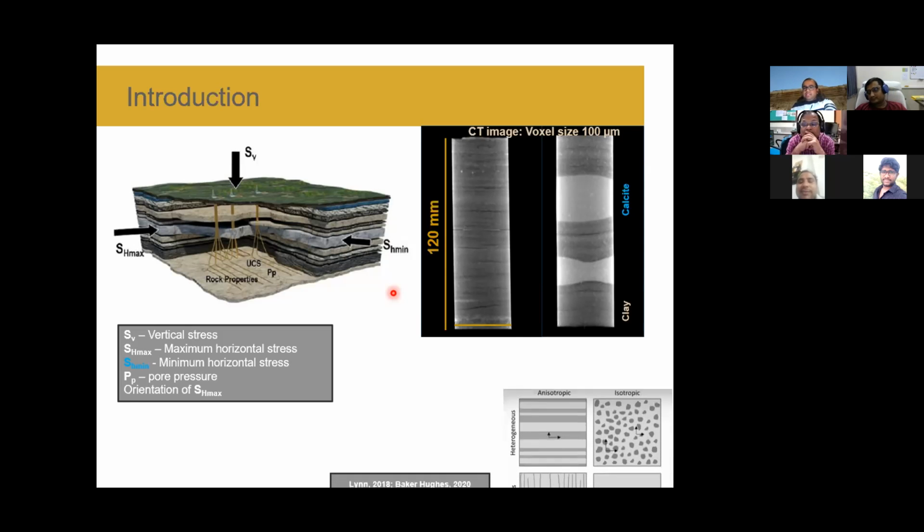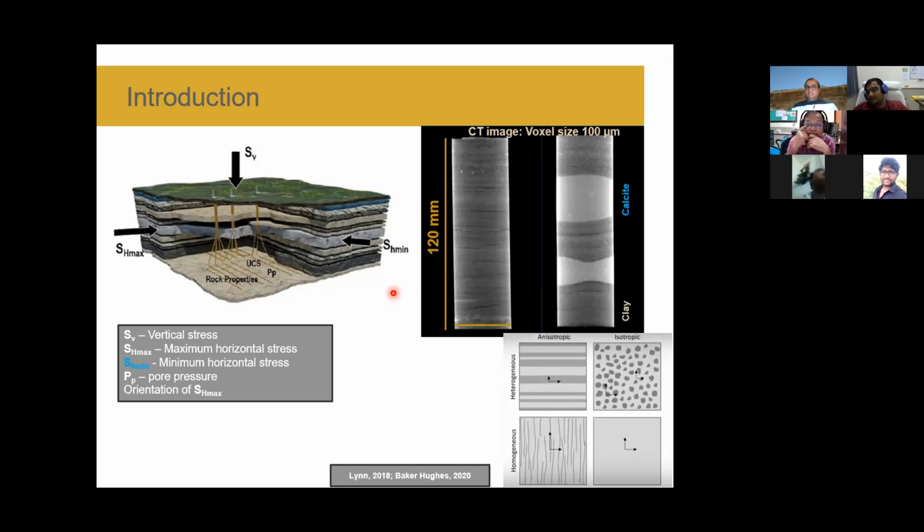And in the case of gas shale, it actually makes it a more complex scenario. If I see this right-hand cartoon diagram, where I'm explaining four different scenarios: anisotropic versus heterogeneous, anisotropic versus homogeneous, isotropic versus heterogeneous, and homogeneous isotropic. So this sample, you can probably consider as anisotropic.